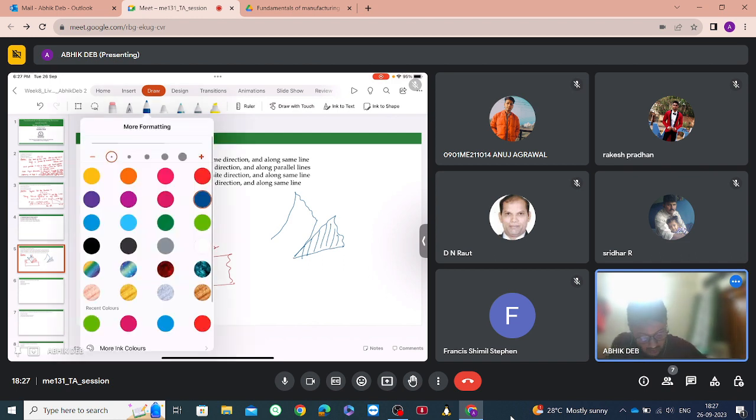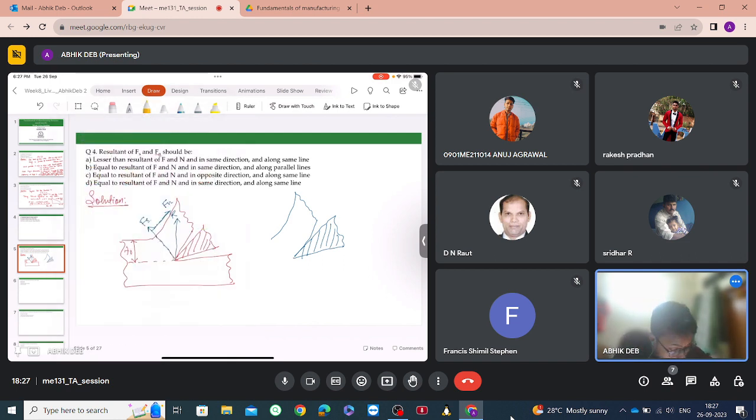So there is friction in this direction, and there is a normal force in this direction, such that F is equal to mu N, and that is mu is equal to F by N, and that is equal to tan beta.